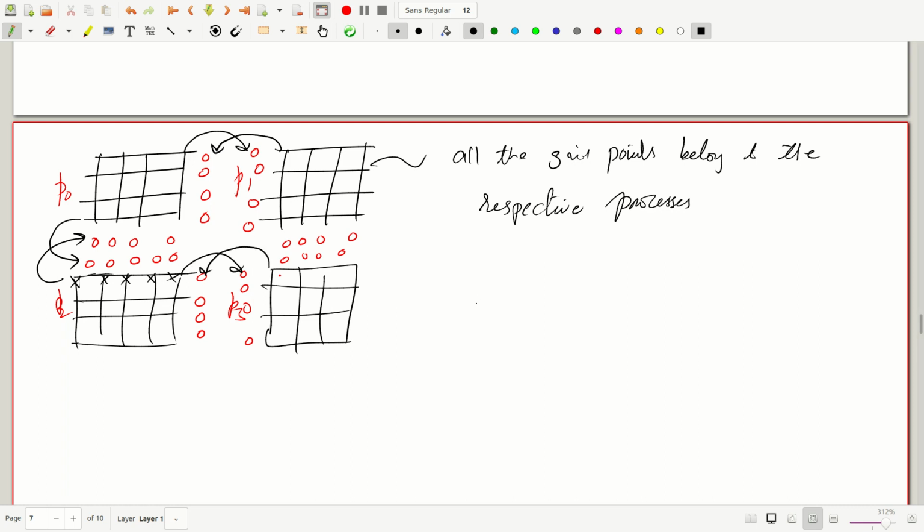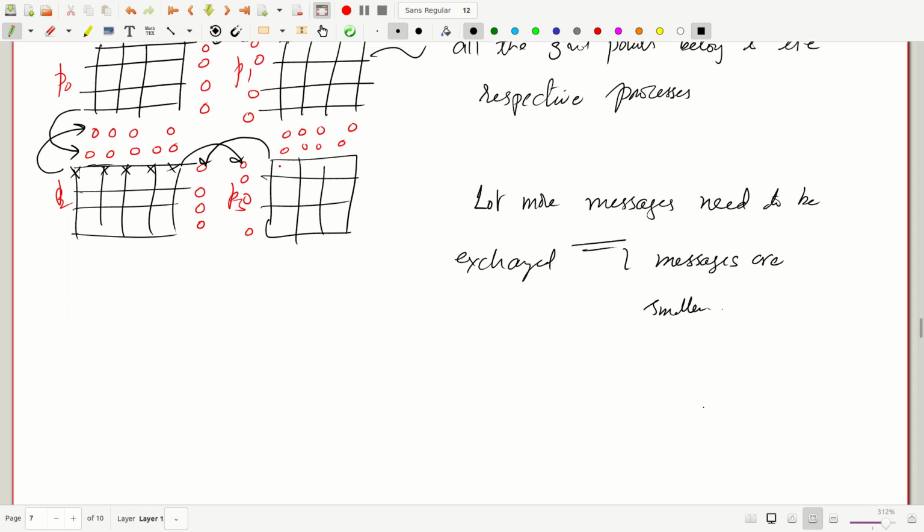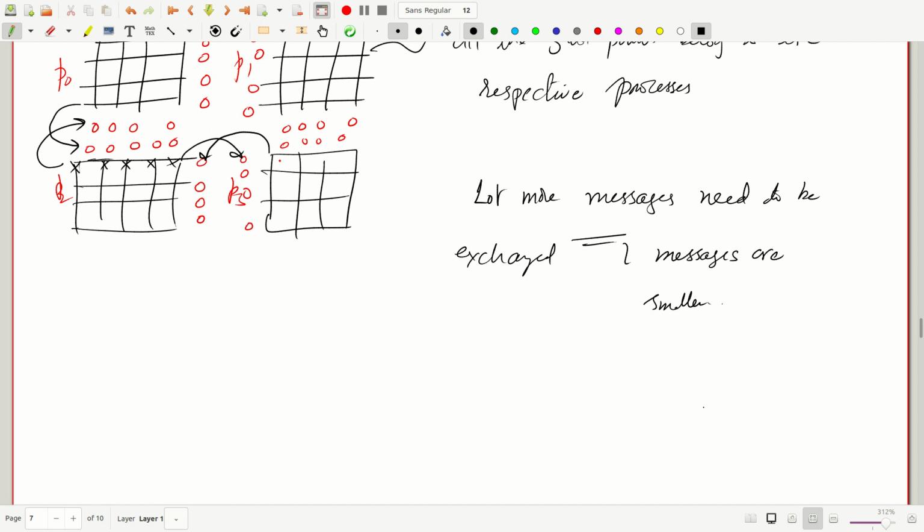So there are a lot more messages that need to be exchanged. However, the messages are now smaller. So after every iteration, each process has to exchange information with its neighboring processes, depending on whether it is an interior process or a boundary process.